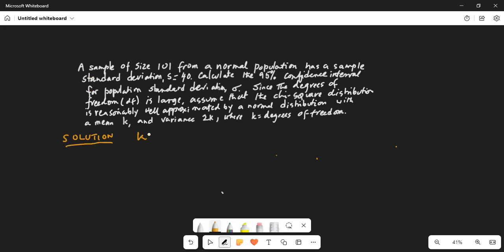K in this case, the degrees of freedom, is sample size minus 1, which is 101 minus 1, equal to 100. So the mean of the normal distribution is 100. Chi-square is approximated by a normal distribution with a mean of 100 and variance sigma squared of 2 times 100, which is 200.